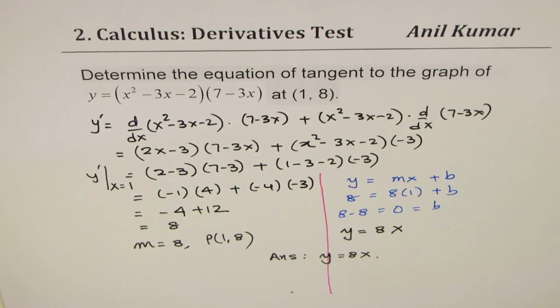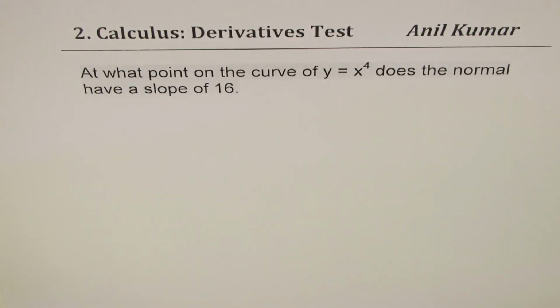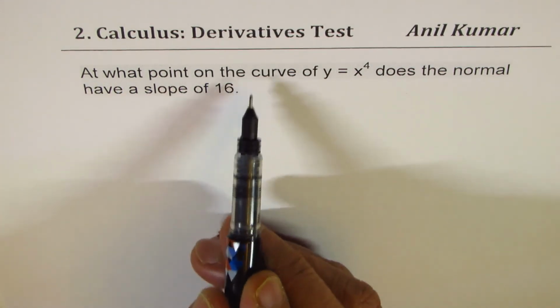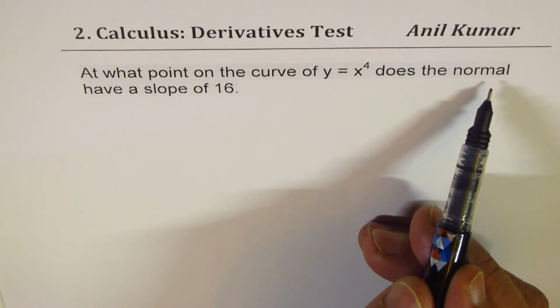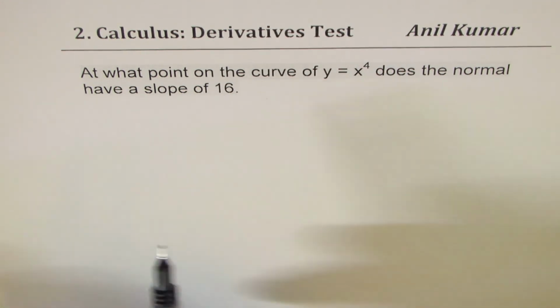Perfect. Now let's move on to the next question, which is the last question of this set of 4. The question here is, at what point on the curve y equals x to the power of 4 does the normal have a slope of 16?